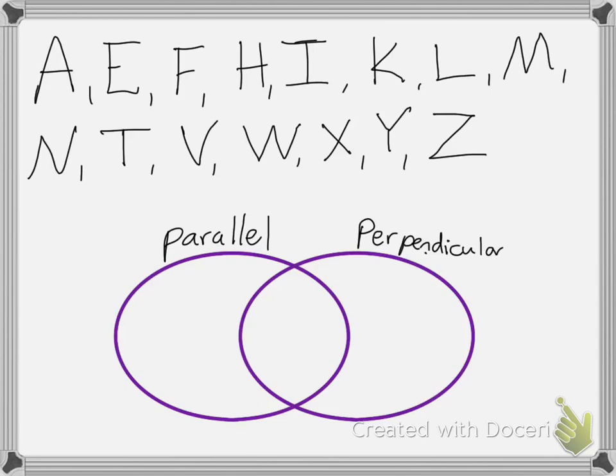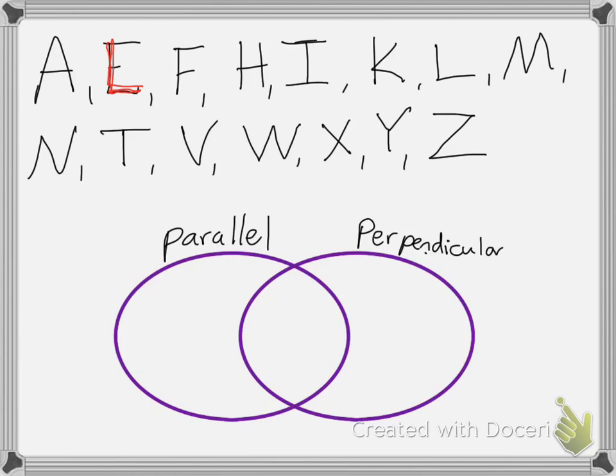I have these letters that we worked with before when working with parallel lines. So now we're going to find all of the perpendicular line segments in the capital letters. Okay. So one letter that has a perpendicular line is E. If you notice E, we have a perpendicular line segment right here. Okay.